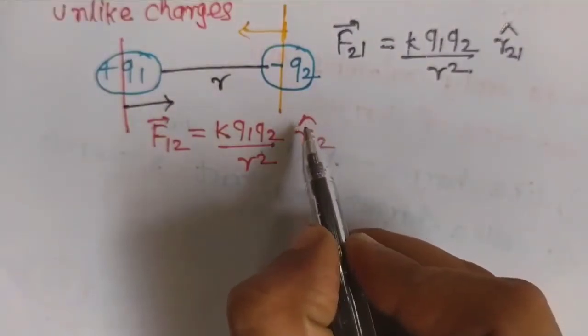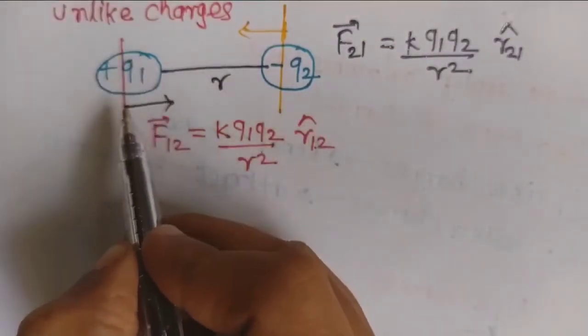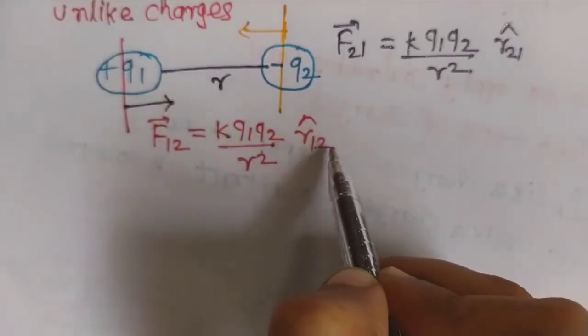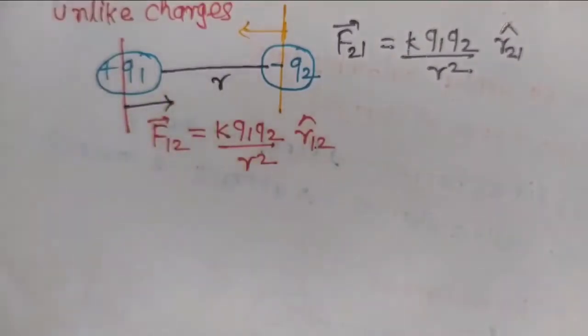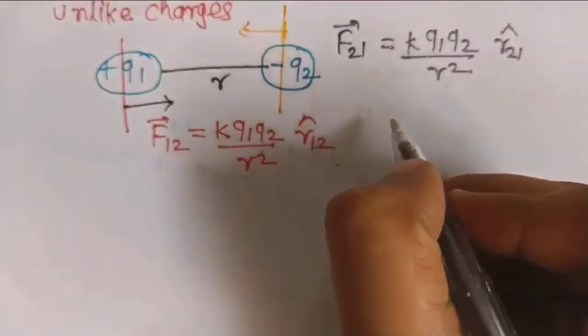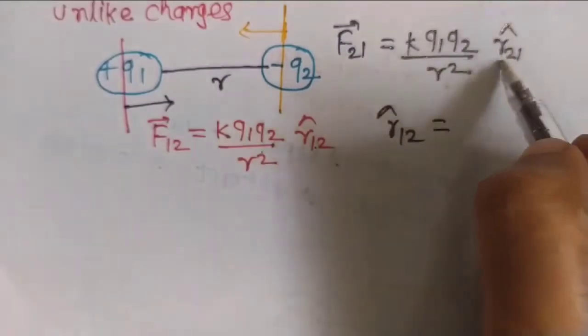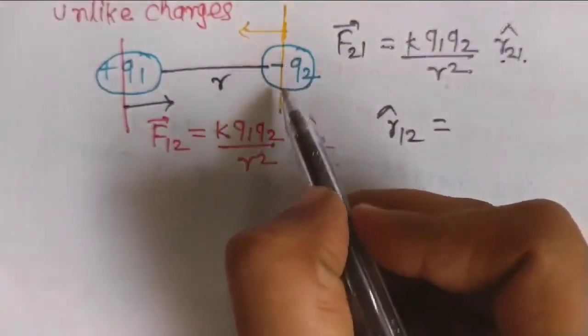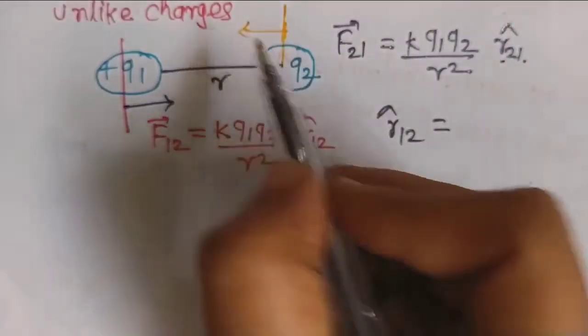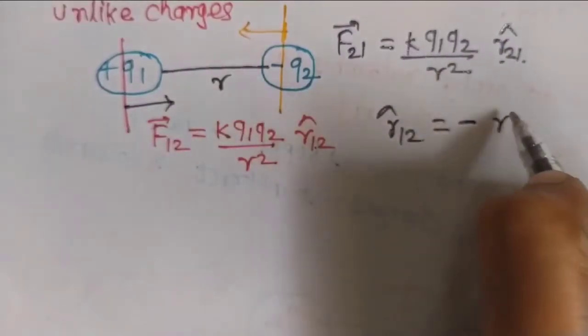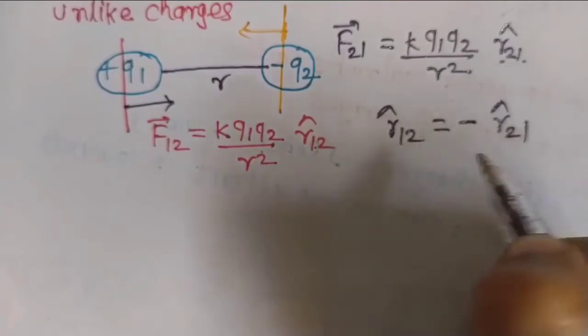When we have to consider the direction of the unit vector, we have to draw a line through these charges and draw the directions. When the direction is the left hand side, it is negative, and when the direction is the right hand side, its sign is positive. That is, R cap 12 is equal to minus R cap 21.